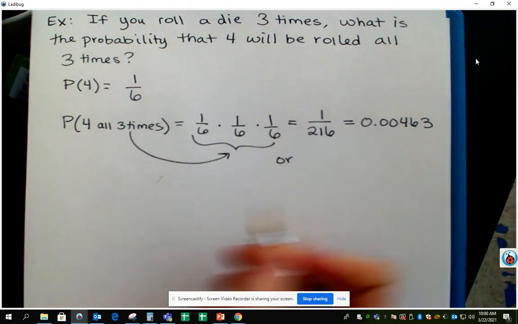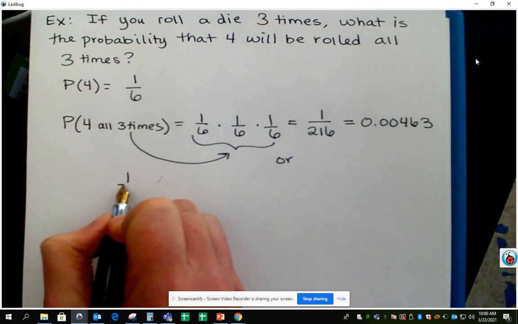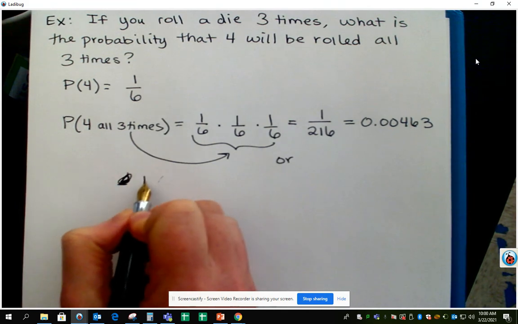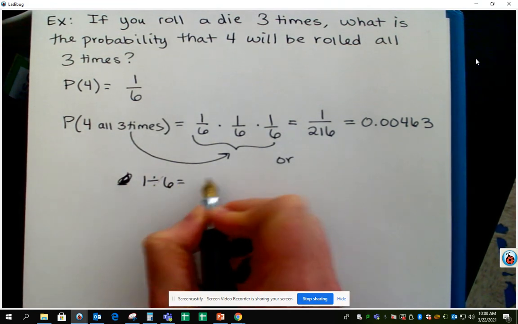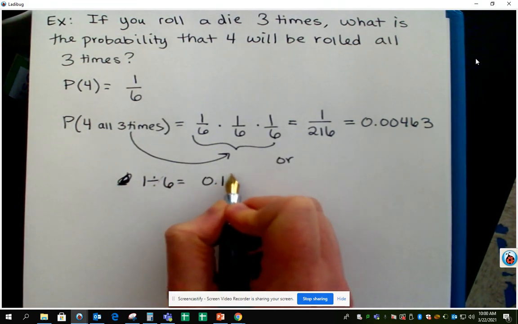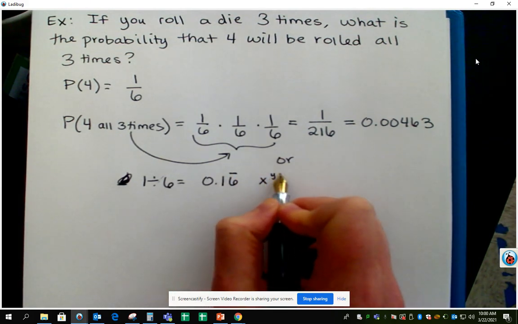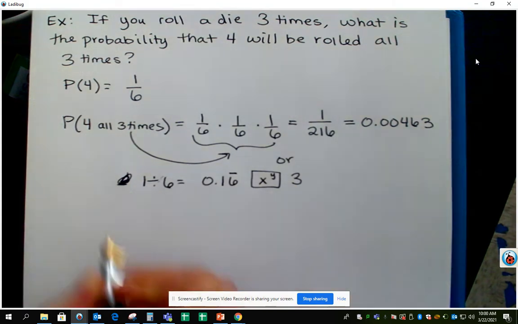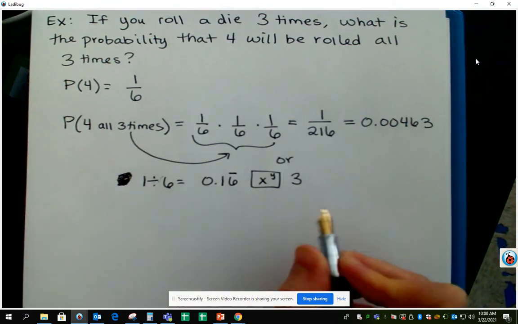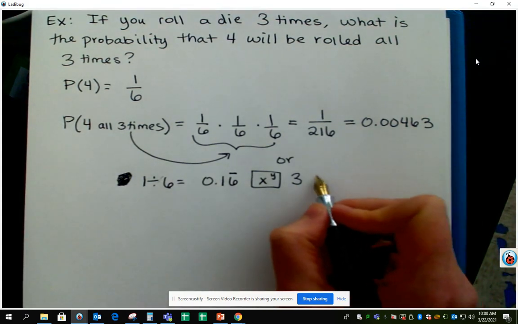Or you could do 1 divided by 6, which is 0.16 repeating, and use your x to the y button to the 3rd power. And you'll get the same thing.